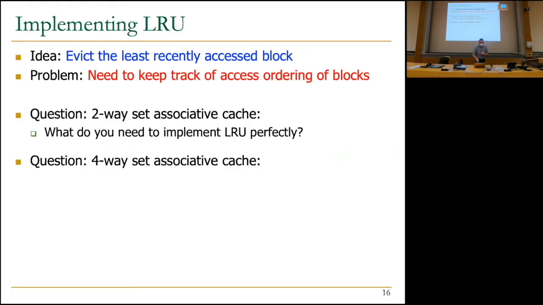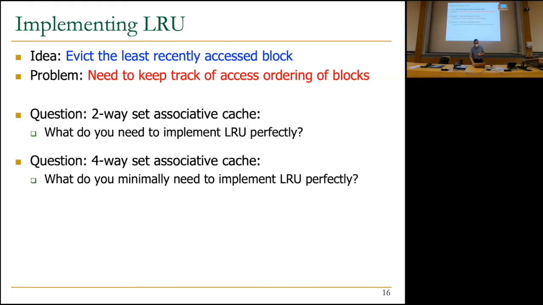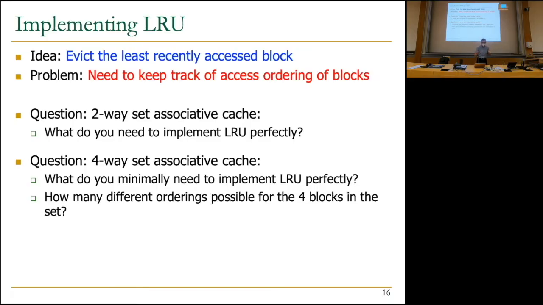Now if you go to a 4-way associative cache, the harder question is, what is the minimum number of bits you need to implement perfect LRU? Said in other words, how many different orderings are possible for the 4 blocks in the set, so you can encode all of them?